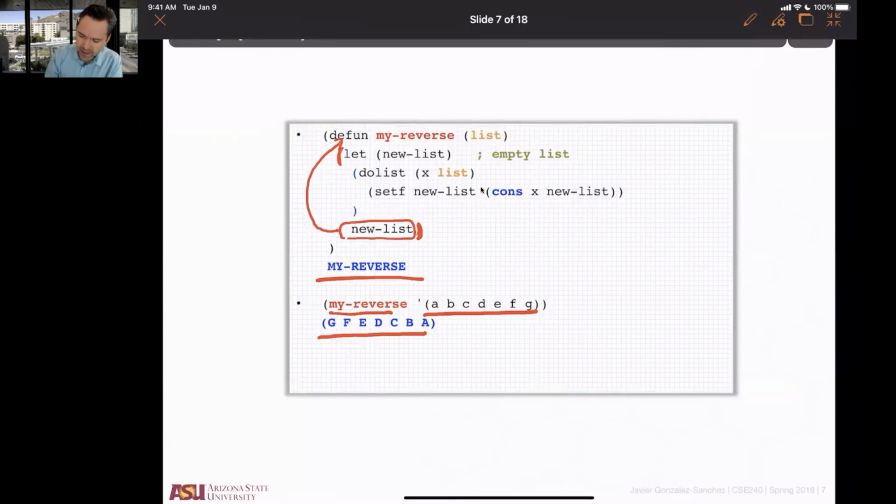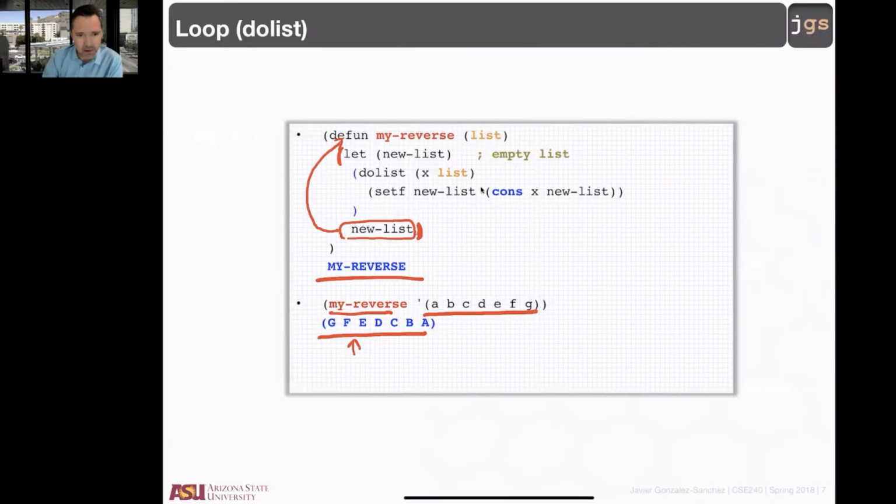But what happened here? What happened is that you send this list, A, B, C, D, and so on. And then you have an empty list. And in the empty list, you add the A, the first one, the first time that you run this. And then the second time in the loop, X was B. And this instruction adds it at first.